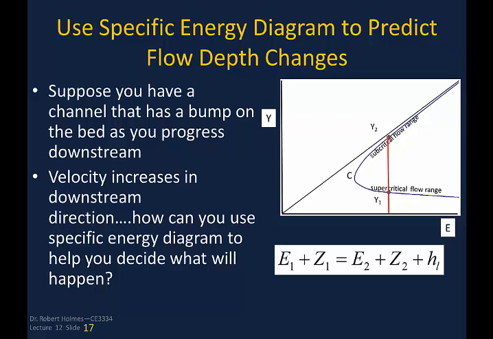Well, when I have that bump in the channel, I'm going to speed the velocity up as I move downstream. You can think of that like a riffle in a river that you maybe floated in your canoe. As you get toward that riffle, the velocity speeds up. As that velocity speeds up, it's moving faster than the equilibrium condition, so it's going to consume specific energy quicker than it would have under the equilibrium conditions.